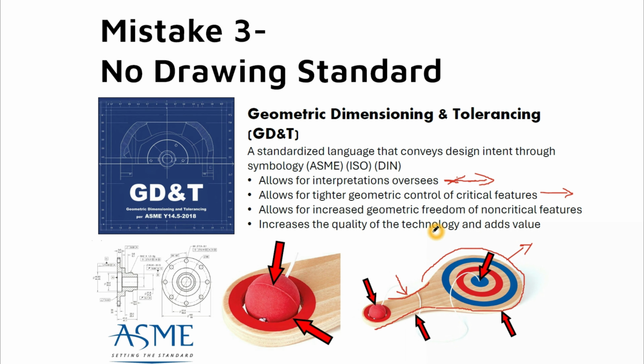And if you have proper geometric dimensioning and tolerancing drawings, instead of scrapping parts because they don't meet the tight tolerances of your drawing, you can give them additional freedom to increase the product scope and acceptance criteria for your given product. So that's one way GD&T will help you.